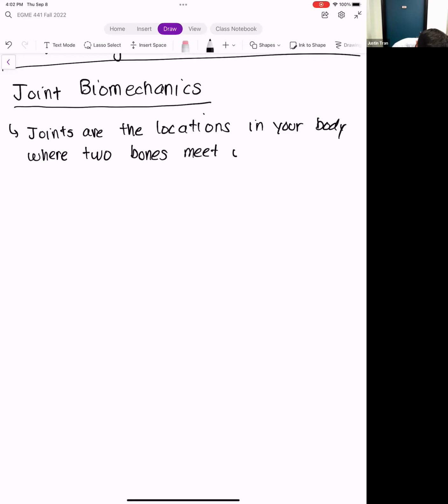The geometry of the bones at the joints plays a big role in determining what kinds of movements are allowed in your body.